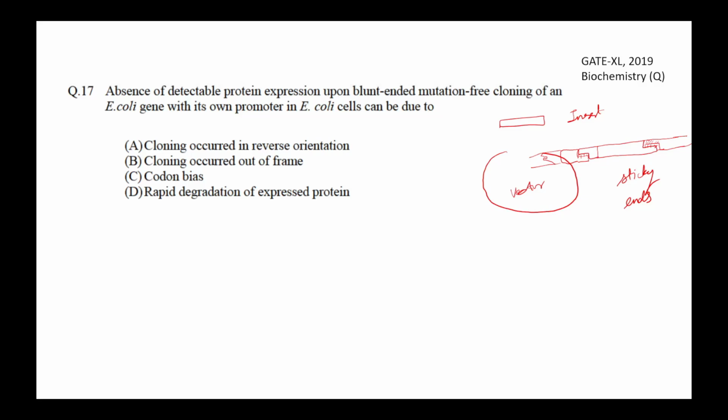But in blunt end cloning, the fragments generated after restriction digestion are blunt ended. Okay, blunt ended. So I'll give you an example of sticky end and blunt end.